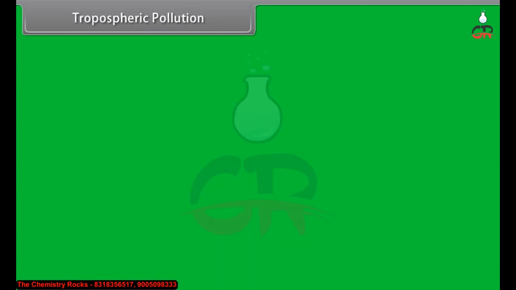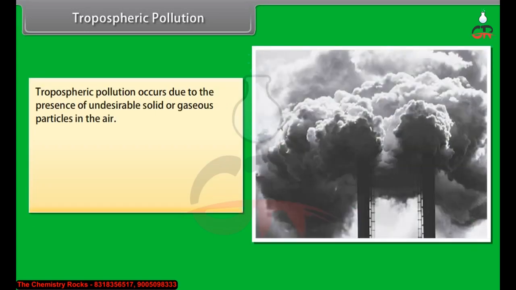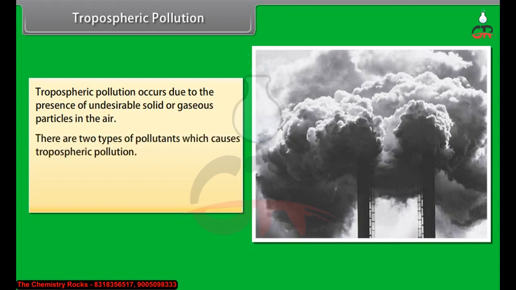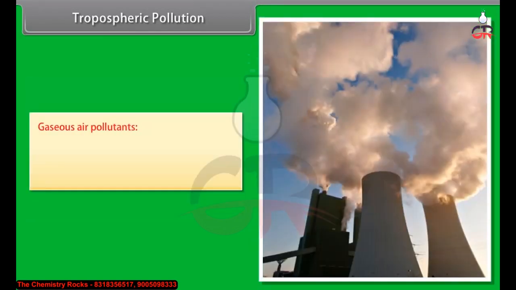Tropospheric pollution. Tropospheric pollution occurs due to the presence of undesirable solid or gaseous particles in the air. There are two types of pollutants which cause tropospheric pollution: gaseous air pollutants and particulate pollutants. Gaseous air pollutants.